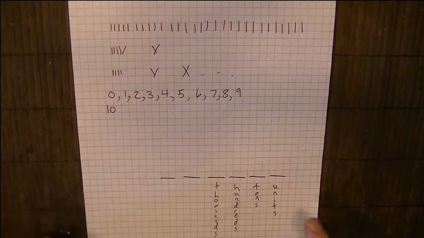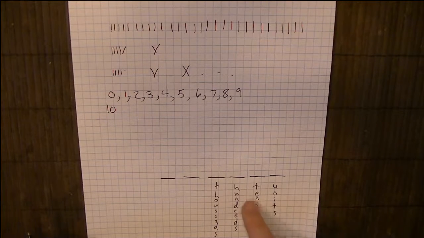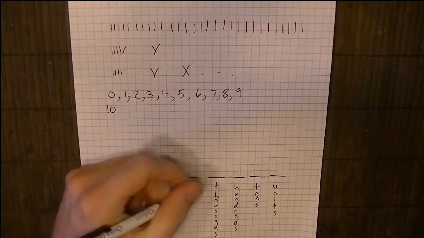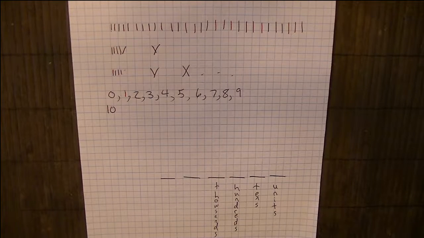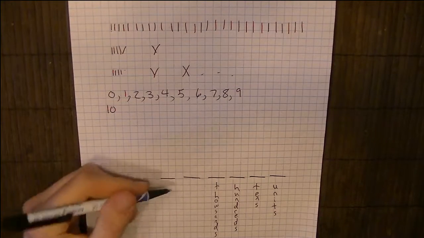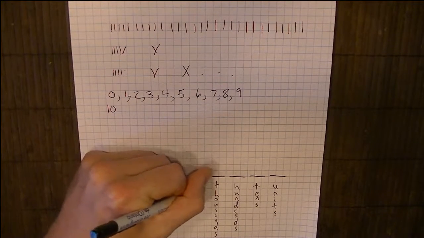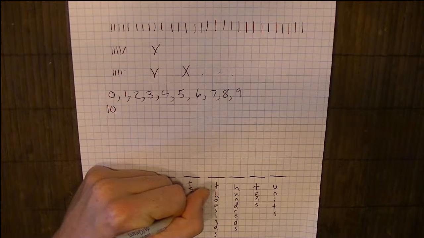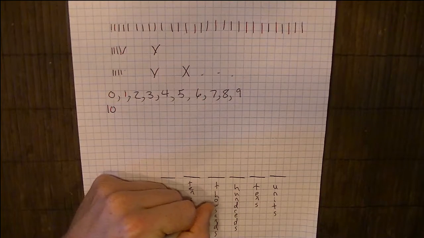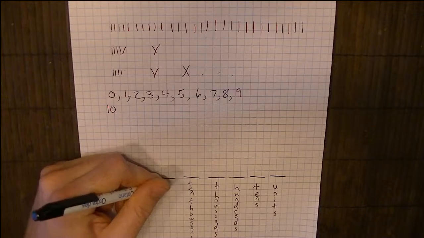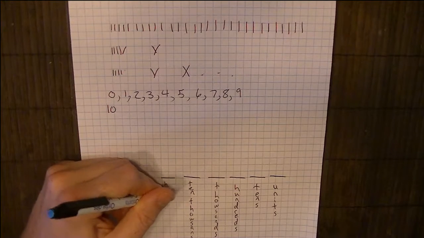So if we've got units, tens, hundreds, thousands, then what comes next? Well, we need a system of creating new places. So what they did is just said, well, the next one will be 10 times 1,000, so they just called it 10,000. The 10,000s column, and we have the 100,000s column.